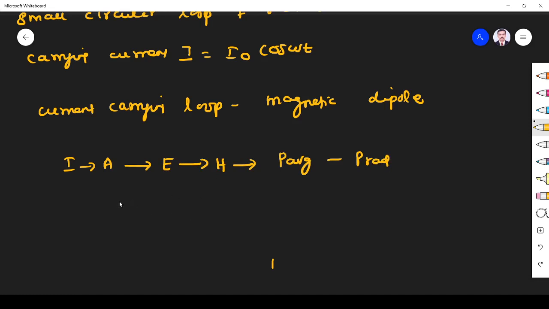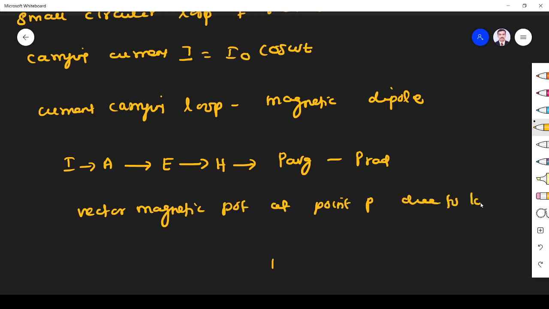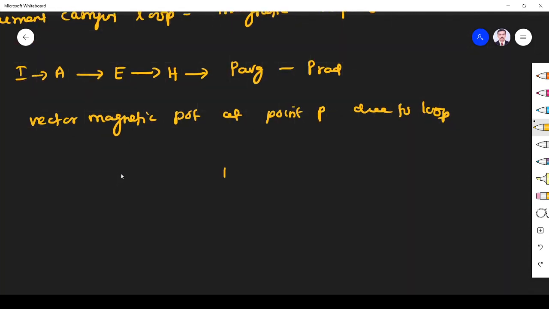So the vector magnetic potential at point P due to the loop is given by A equal to mu I dl divided by 4 pi r dash.